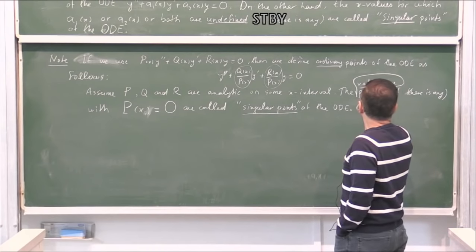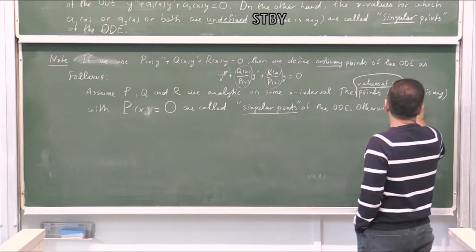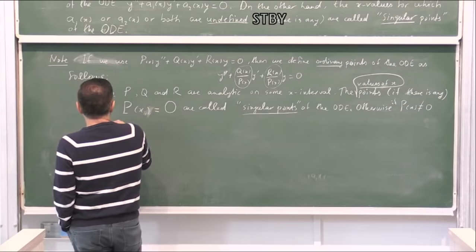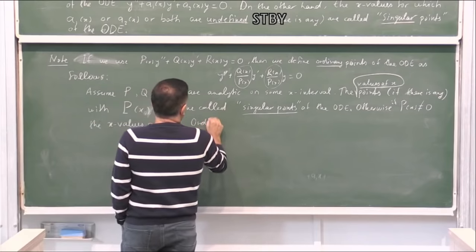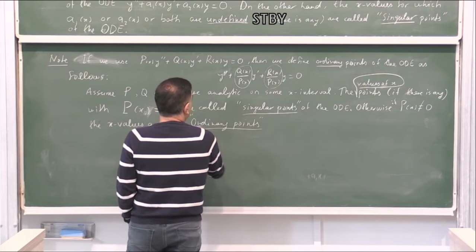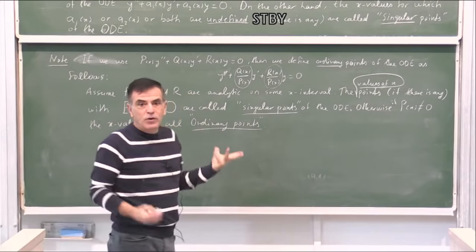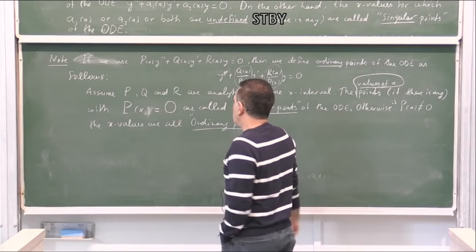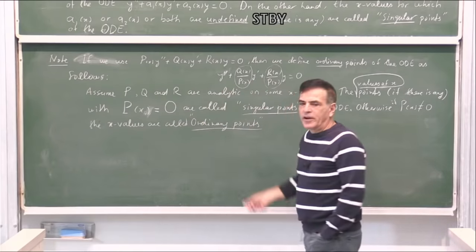Otherwise, if P of x is non-zero, the x values are all ordinary points, called ordinary points of the differential equation.